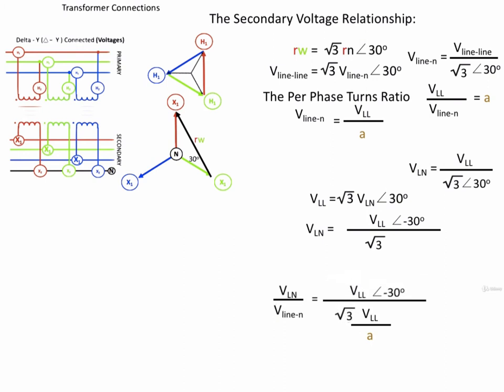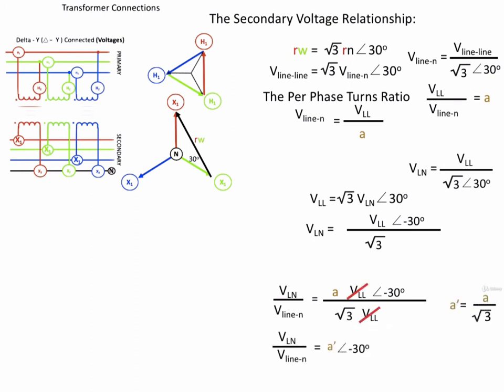And I can make that equation simpler by getting rid of two of the fraction signs, which is just again a mathematical manipulation, which says that the line to neutral primary voltage over the line to neutral secondary voltage is equal to the turns ratio times the line to line voltage at minus 30 degrees all over root 3 line to line primary voltage.